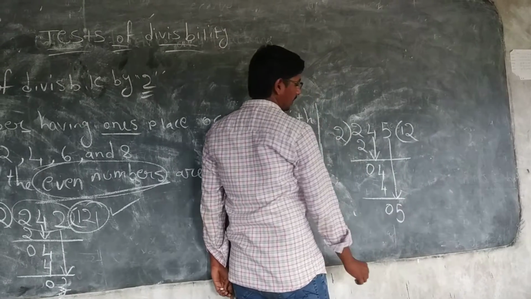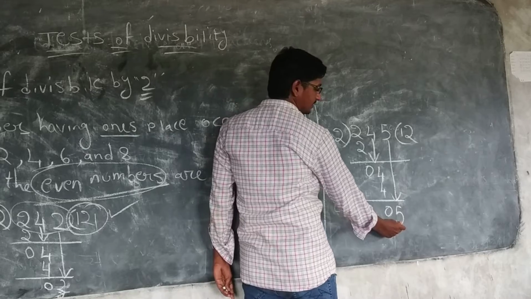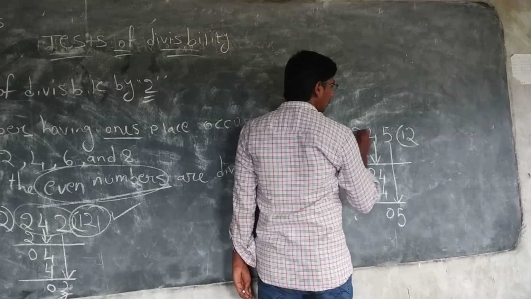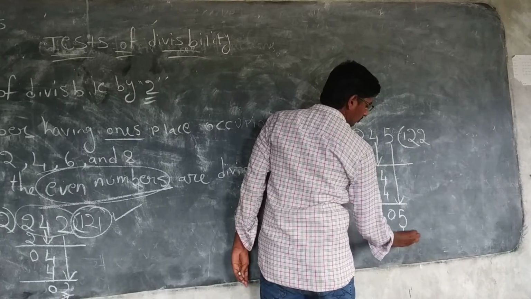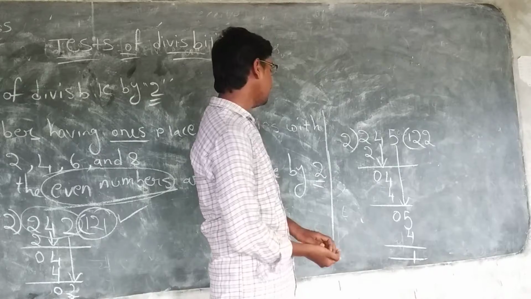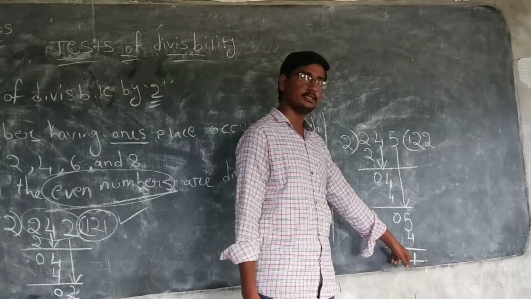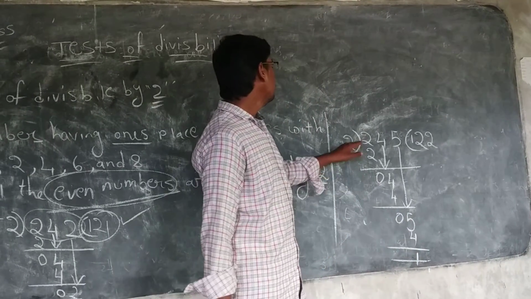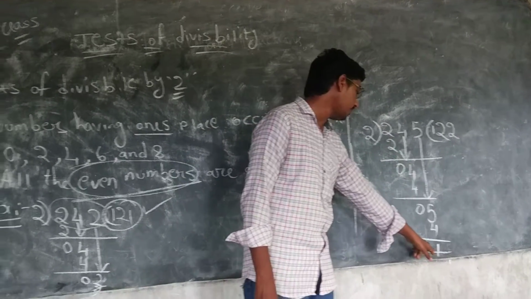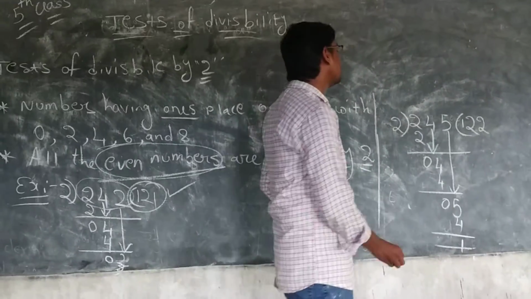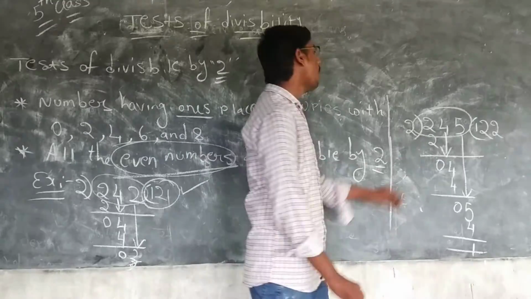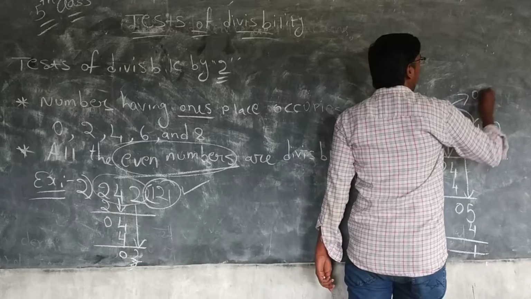Next, 5. Is 5 in the 2 table? No, so we take the nearest lower number: 2 twos are 4, 5 minus 4 is 1. Students, here the remainder was 1. When you divide 245 by 2, it leaves remainder 1. This is not an even number. This is called an odd number.